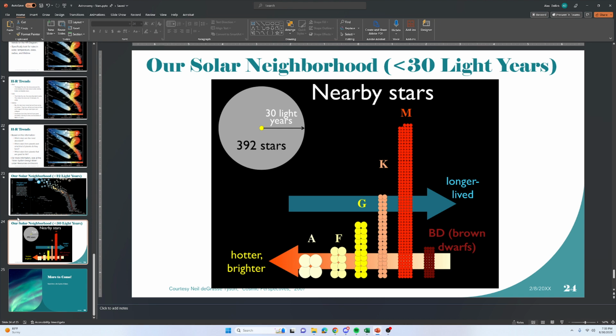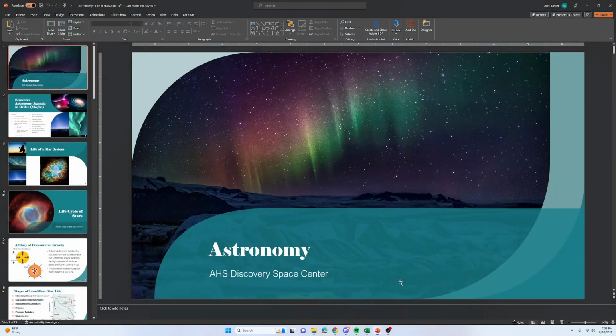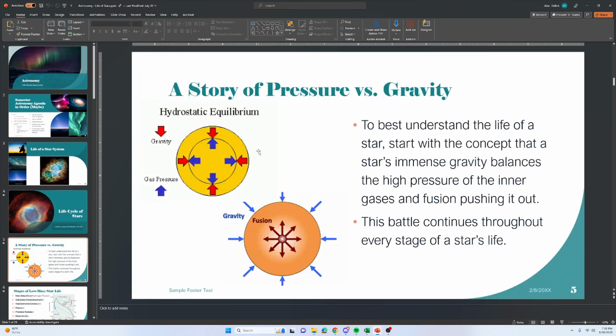So now I want to talk about some of the ramifications of these stars, and how they live. So I'm going to go now into the life cycle of stars, and I'll do this fairly quickly. Okay, so how stars live and die is, what makes the star a big ball of fire is you've got this explosion in the middle from the fusion, and then you've also got the rest of the material.